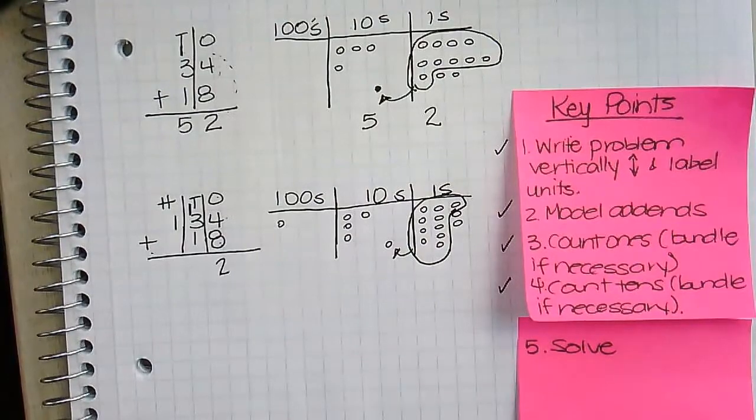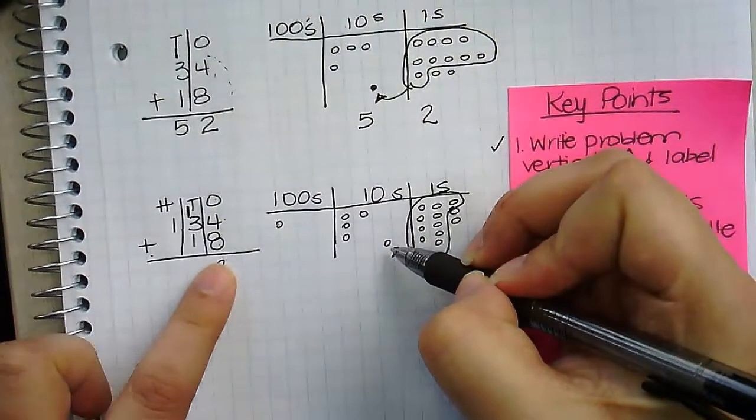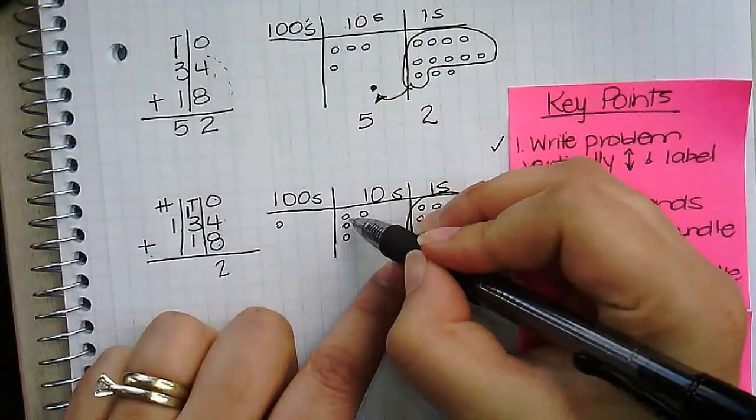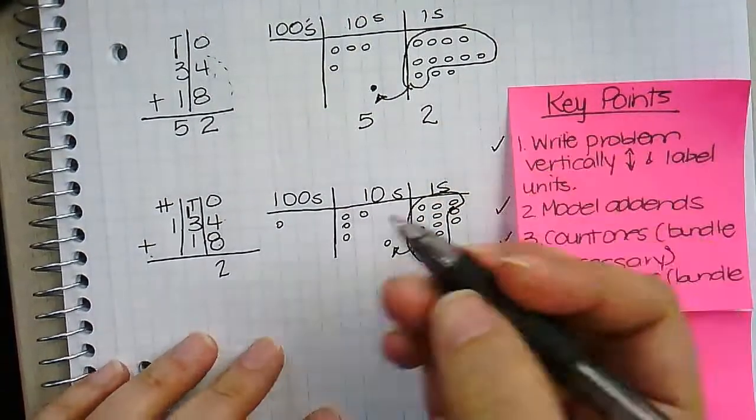Okay, so here's what you should have. 1 ten plus 3 tens plus 1 ten gives us 1, 2, 3, 4, 5 tens.